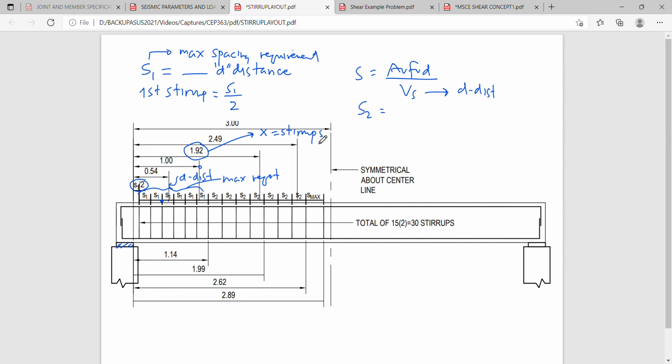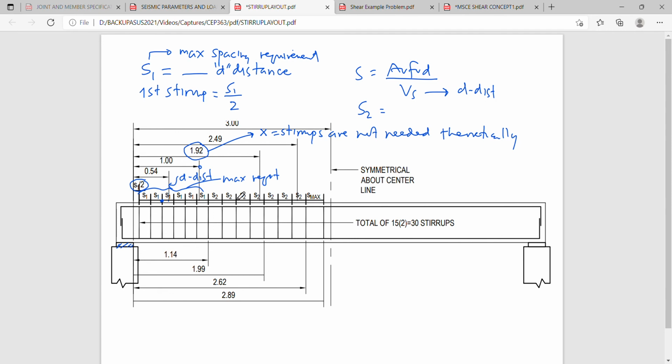Stirrups are not needed theoretically. So at this point, we solve for x, and it so happened that at this particular computation, your S2 is the one that prevailed.